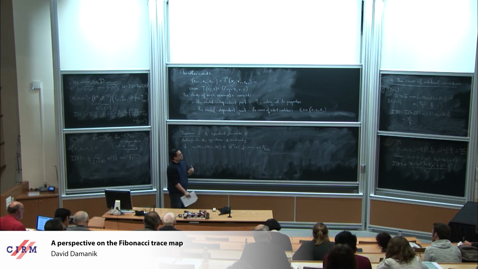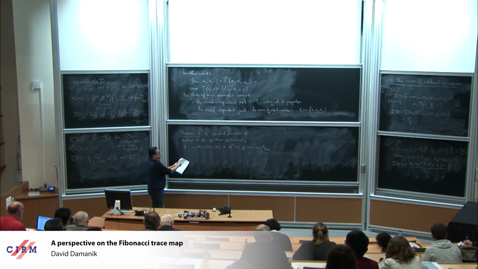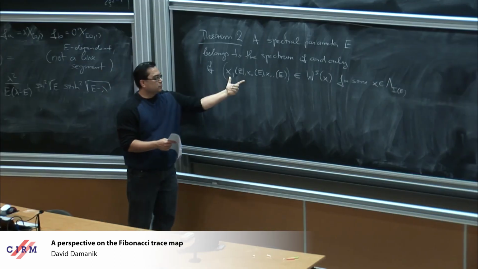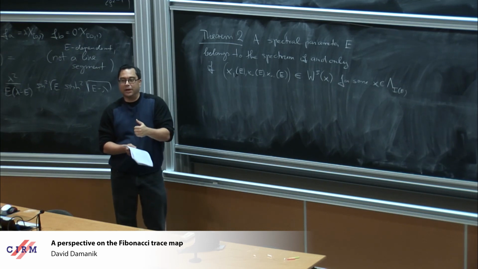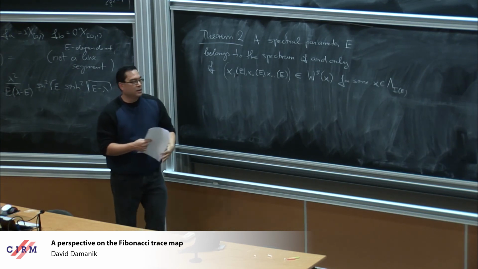Okay, so this is how you transport information from your dynamically defined object to this curve, which in an often explicit way corresponds to a parameter space, which usually is a real line, where the spectral information can be read off.